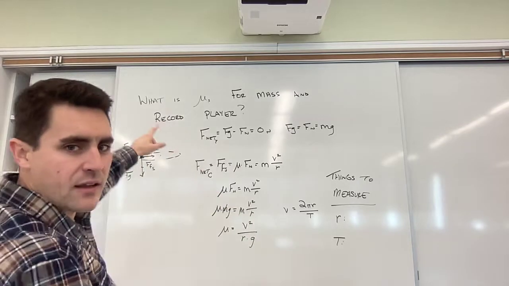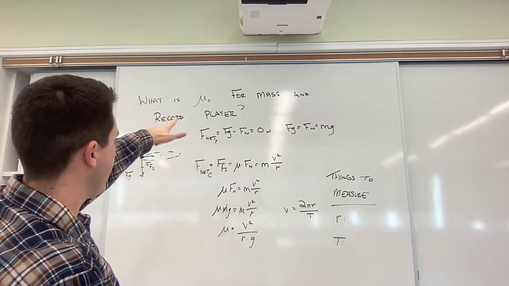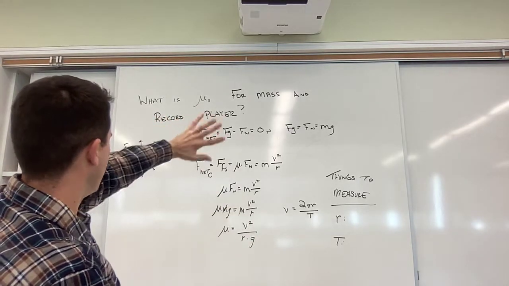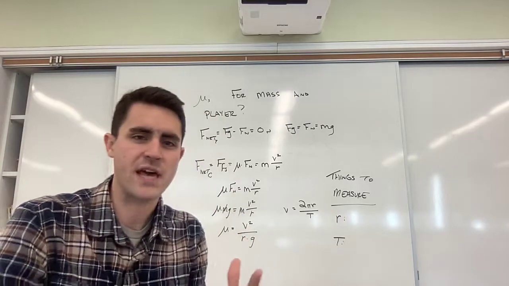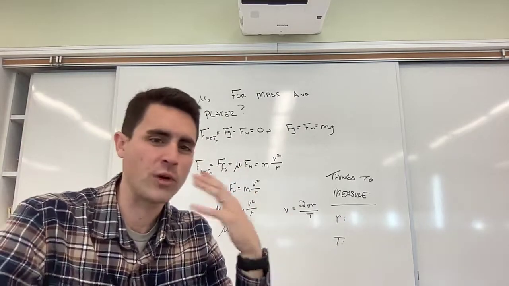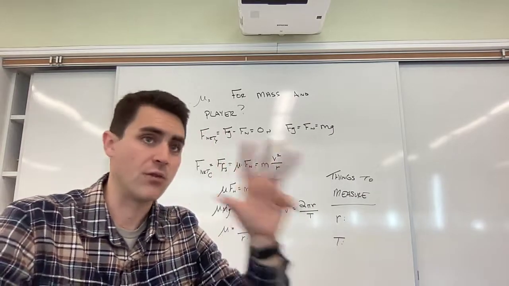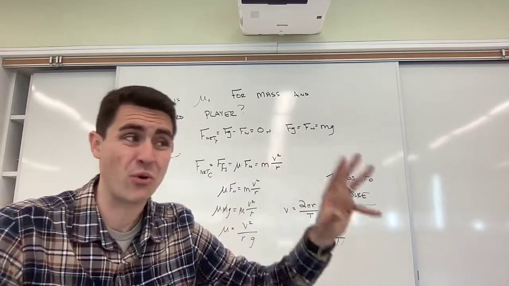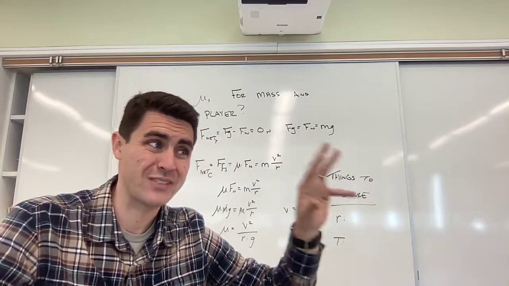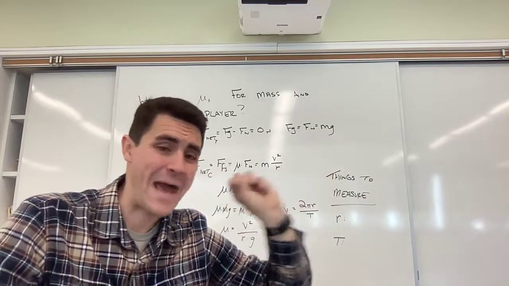Well, again, I am looking for the mu s for the mass and the record player. The coefficient of static friction is only related to the maximum static friction. It's only related to how much force two surfaces can apply on each other in a maximum way.